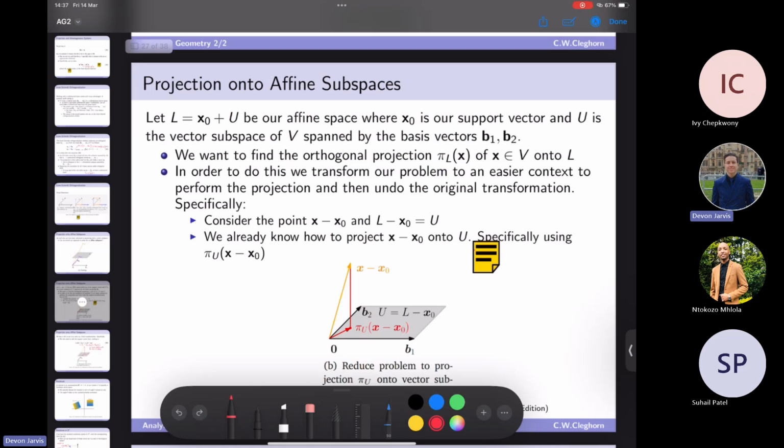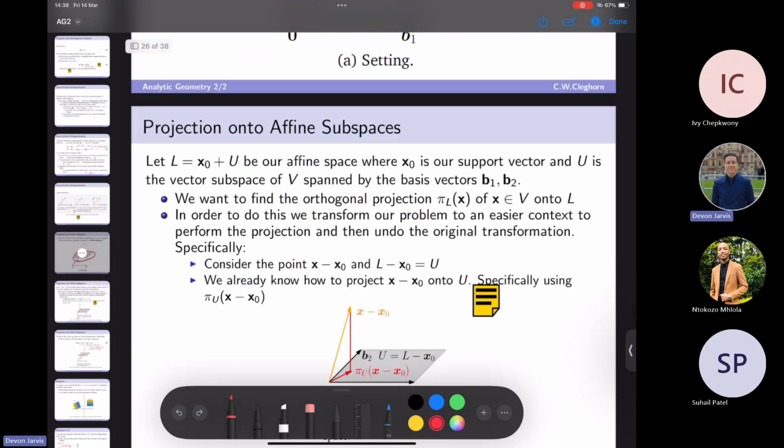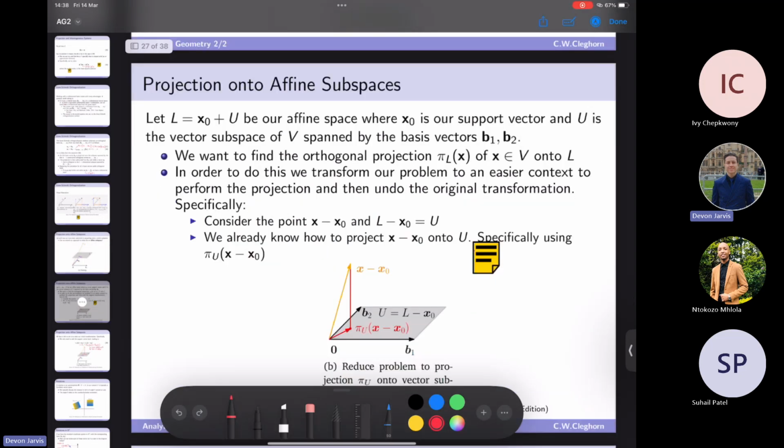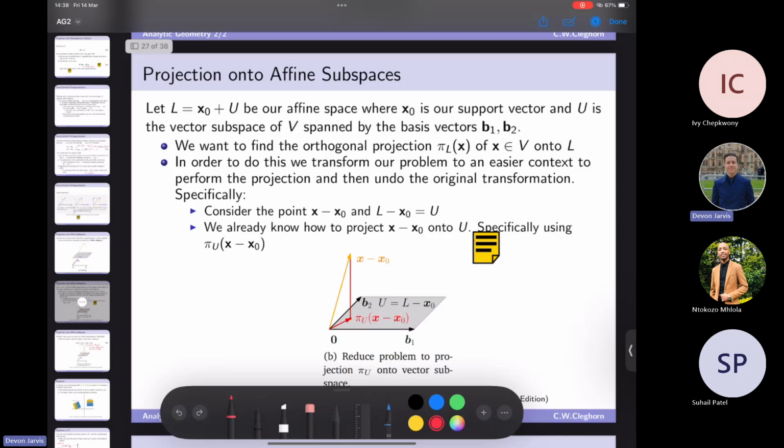Yeah, well done. There we go. So let L be an affine space. So we have our vector space U plus the support vector x0. Okay, so we define an affine space where x0 is our support vector and U is the vector space spanned by some basis V1 and V2. We want to find the orthogonal projection of x onto L now, so onto this plane that is floating somewhere in our larger ambient space. In order to do this, we transform our problem into an easier context to perform the projection and then undo that original transformation.